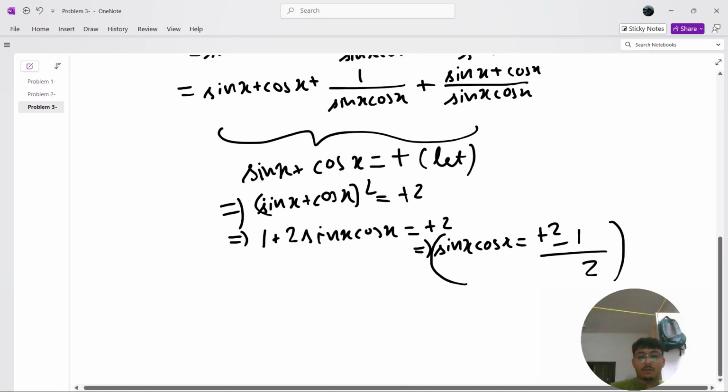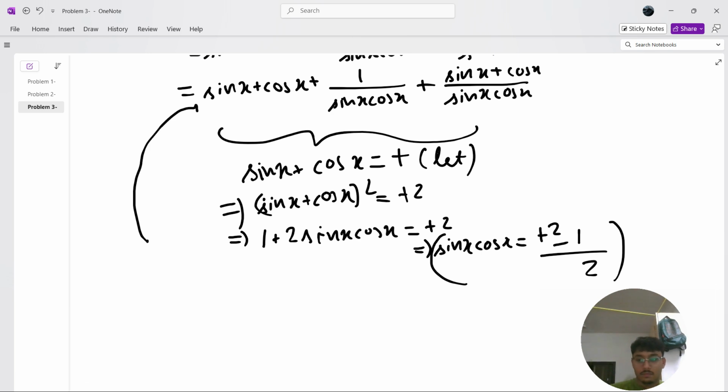So what are we getting from here? Sin x plus cos x we have taken to be t, plus 1 by sin x cos x, which is 1 by t square minus 1 by 2, plus sin x plus cos x by sin x cos x, so there's your t by t square minus 1 by 2.